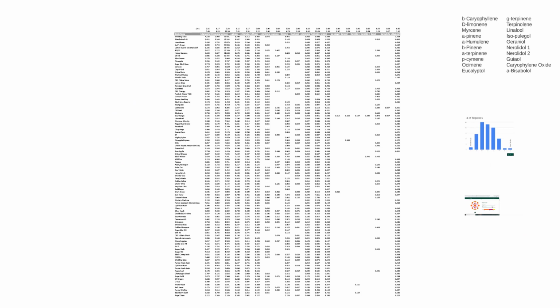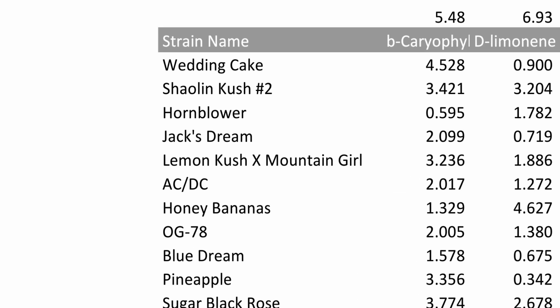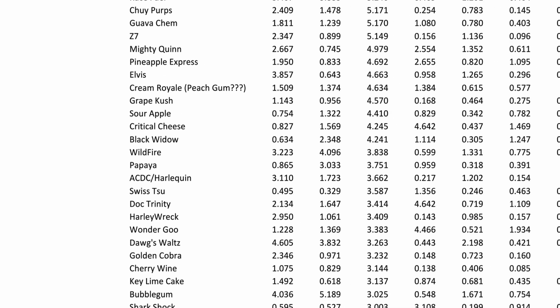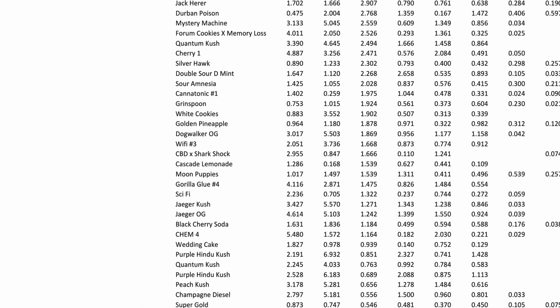Now, we're going to do a little deeper dive into the terpene analysis, and what you're looking at here is a sheet of values that come from about 100 different strains of cannabis, 20 different terpenes within those strains. When we look at these strains, you're going to recognize many of the names. The dreams, the pineapples, the catatonic, the diesels, the cushes, the harlequin ACDCs, and you'll see that we have a large representation of different strains in this list.